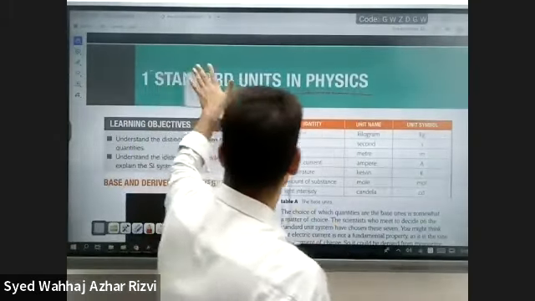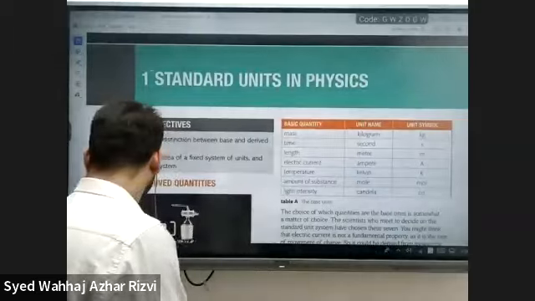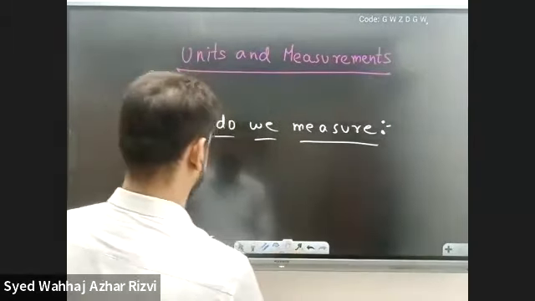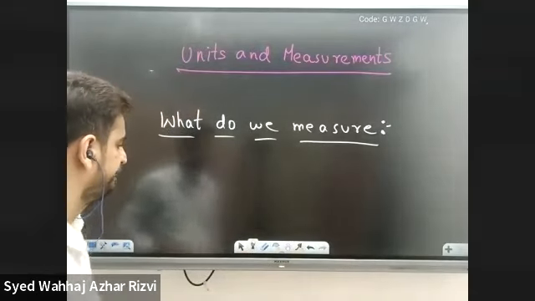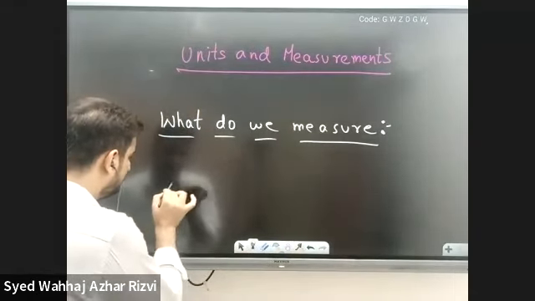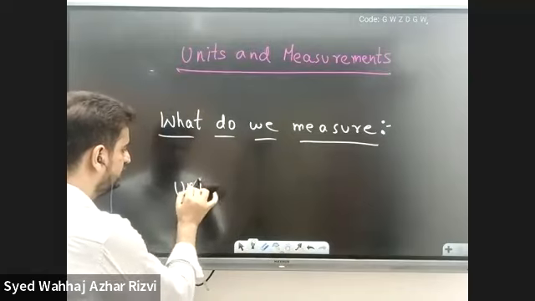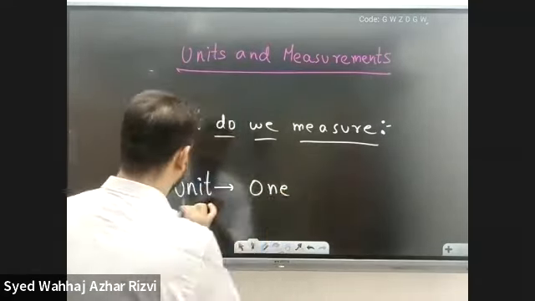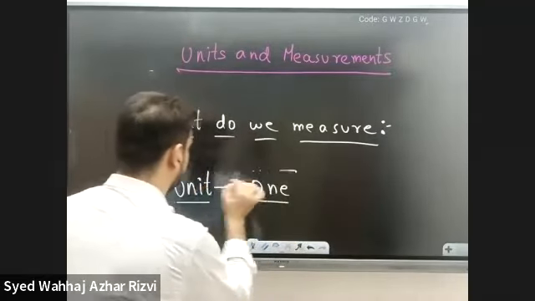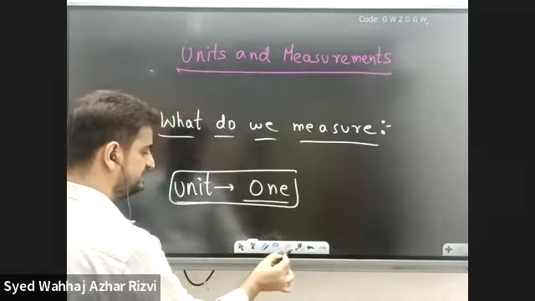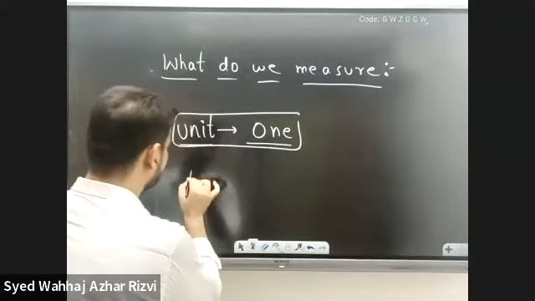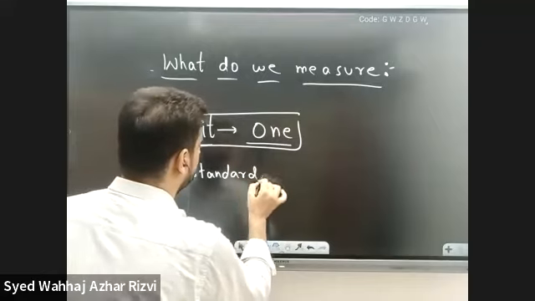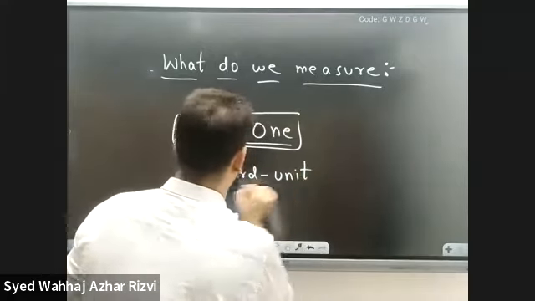Okay, so once we get started with this topic, we will have to have an understanding about measurements. The word unit means one. Then in this topic, we have to deal with standard units.